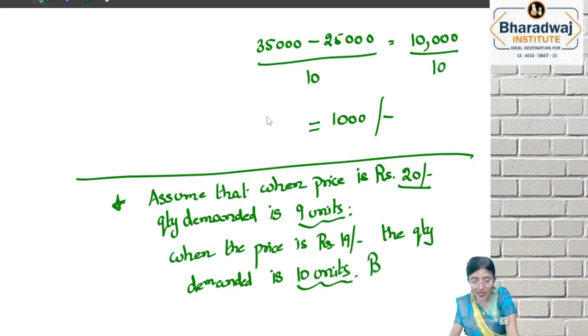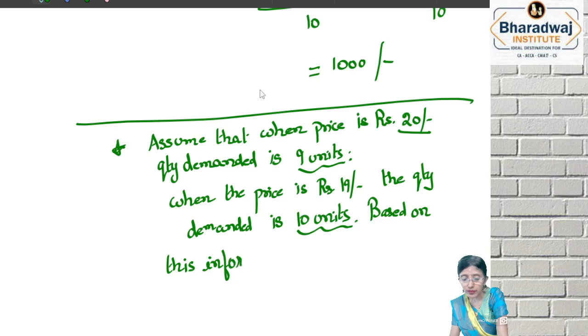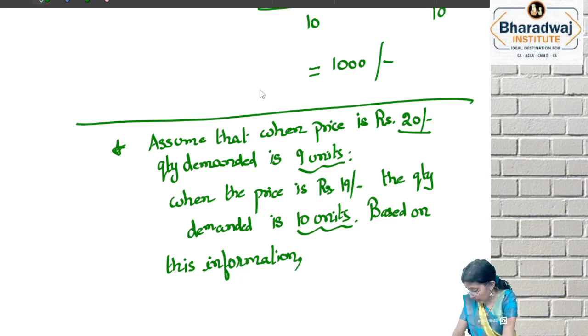Now, the question says, based on this information, what does the question tell you? Based on this information, what is the MR? So how is your question drafted?